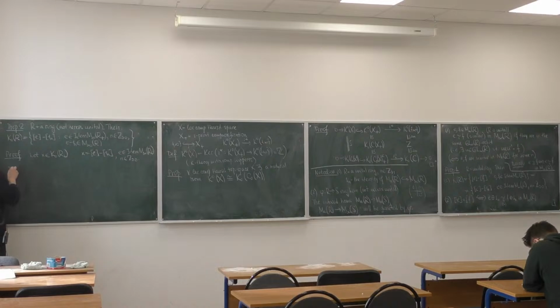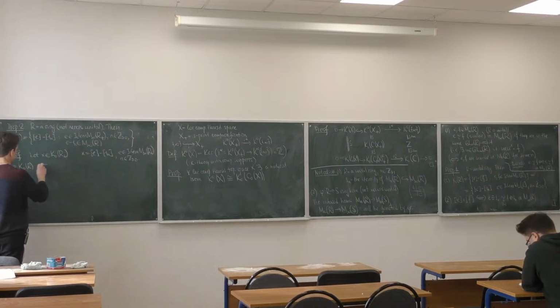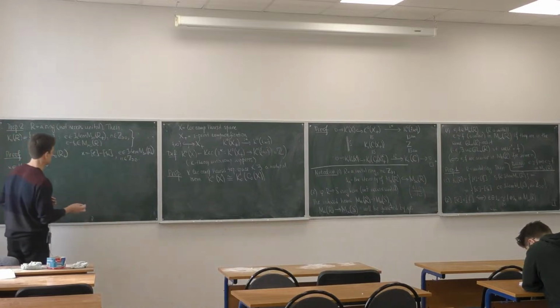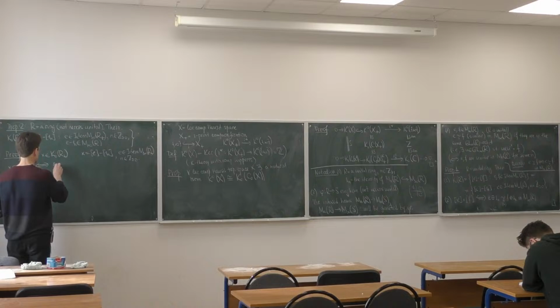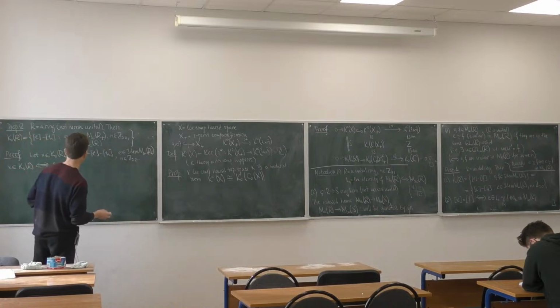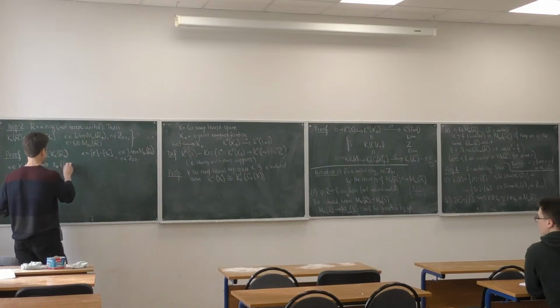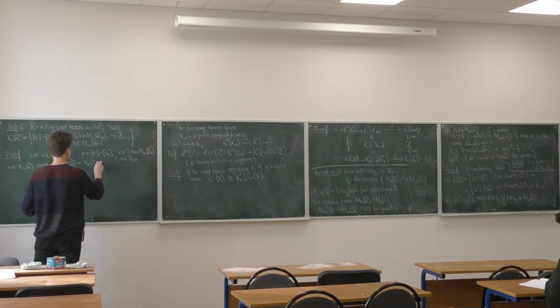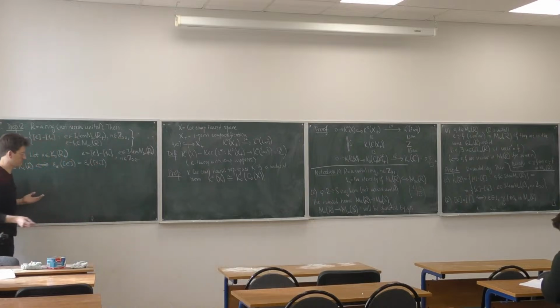So what does it mean that x belongs to K0 of R? Well, K0 of R is the kernel of epsilon star. So this means that epsilon star applied to E is the same as epsilon star applied to 1n. This is just our definition of K0 of R.